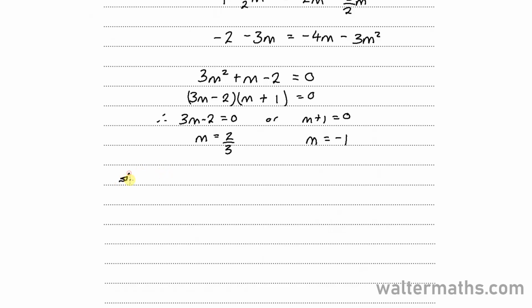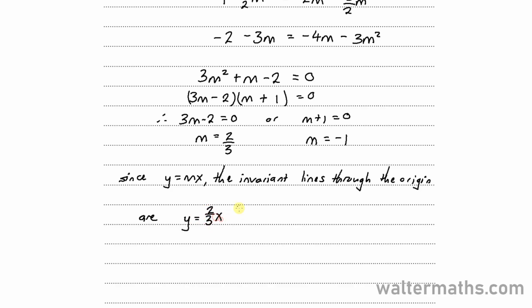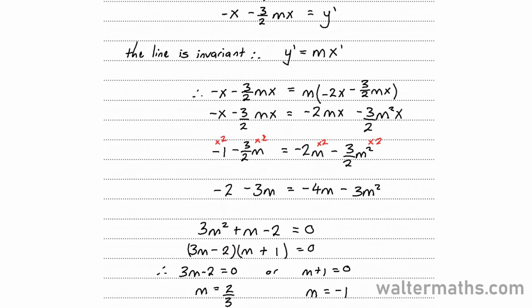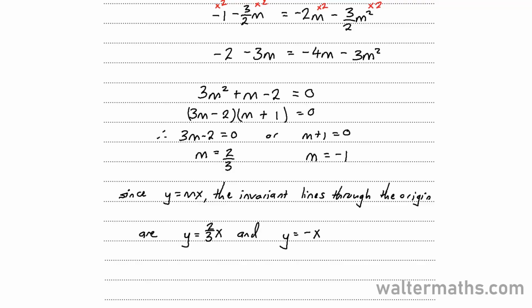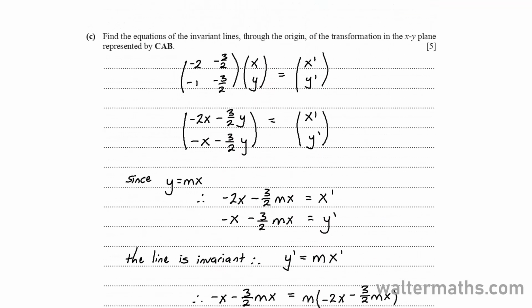So since y = mx, the invariant lines through the origin are going to come out as y = 2/3 x, substituting 2/3 for m, and y = -x, substituting -1 for m. So this is what we get as our answers. So that's it for part C, and we're done with this question.